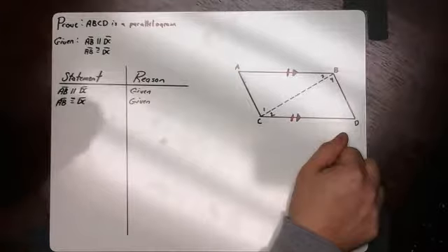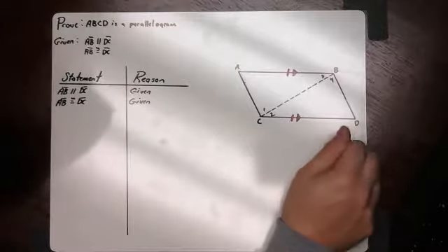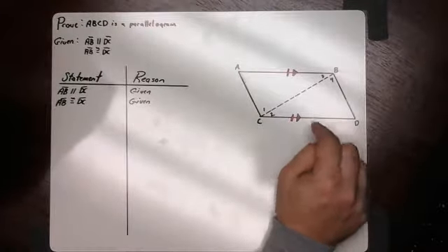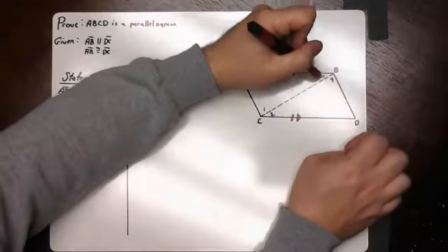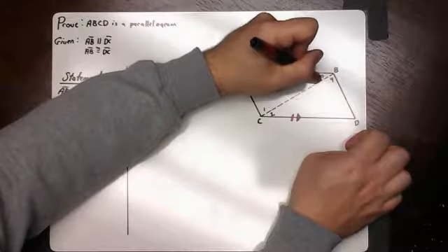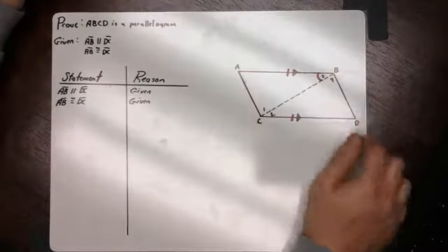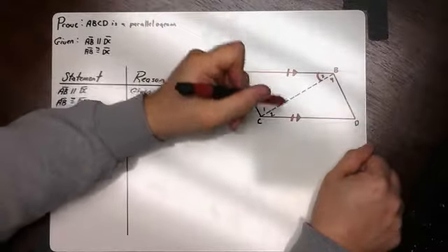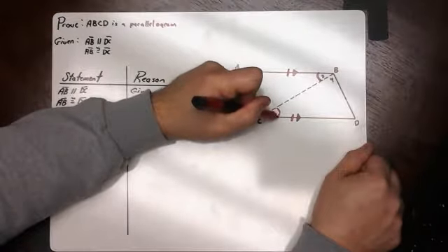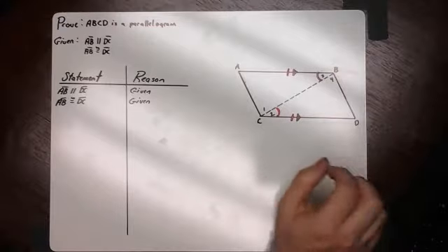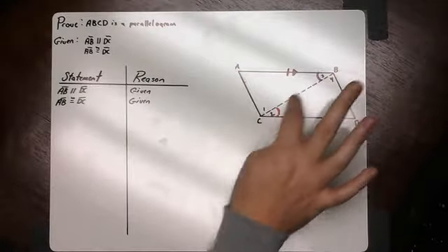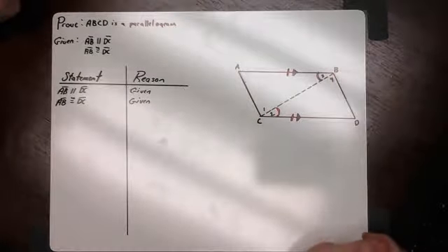The way alternate interior angles are going to work here is they have to touch the lines that are parallel. So angle 3 touches that parallel line, and angle 2 touches that parallel line. Okay, so that's how I know those are my alternate interior angles I'm going to be working with there.